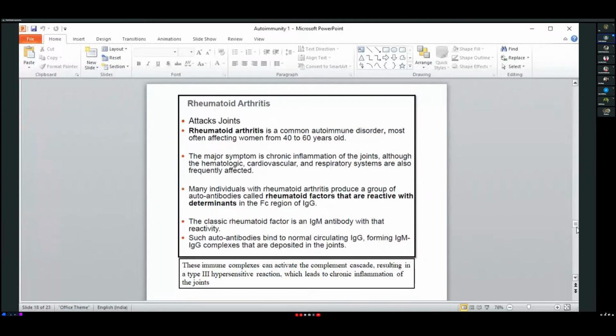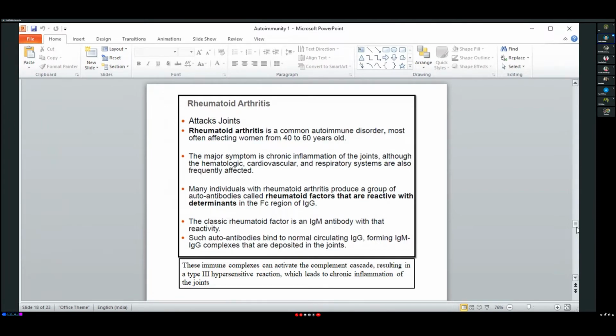This IgM-IgG complex activates the complement cascade, and it stimulates the type 3 hypersensitivity reaction, and this leads to chronic inflammation.